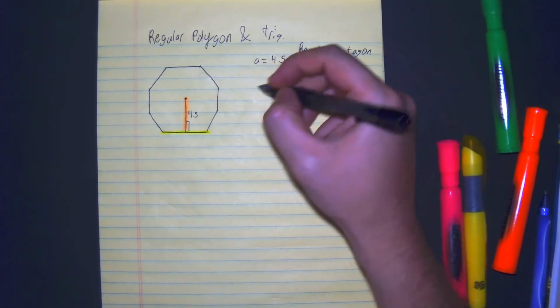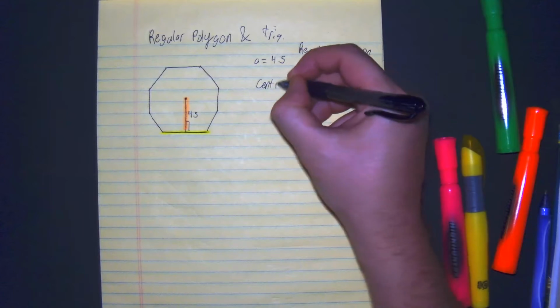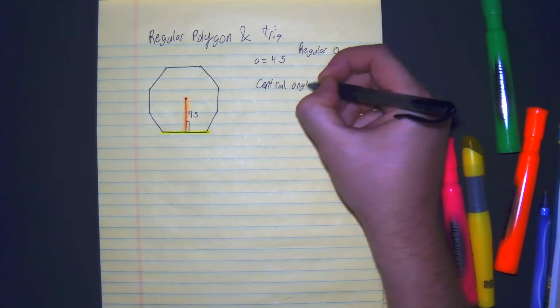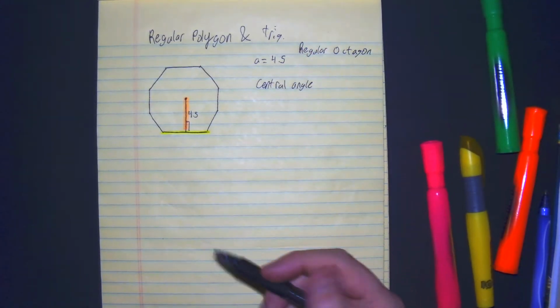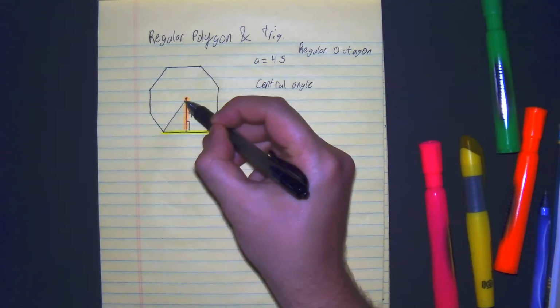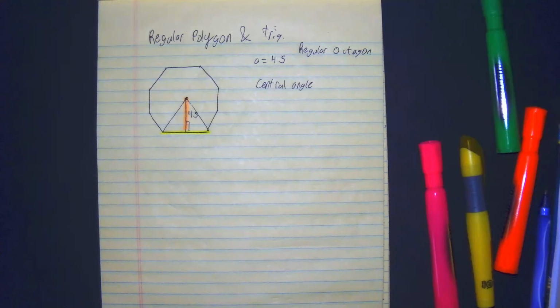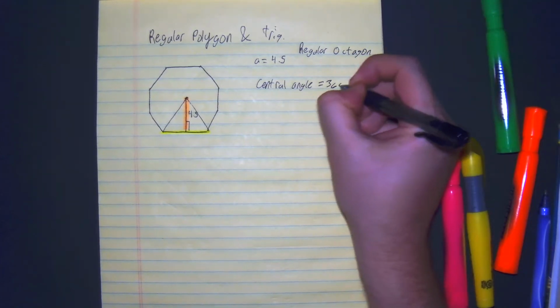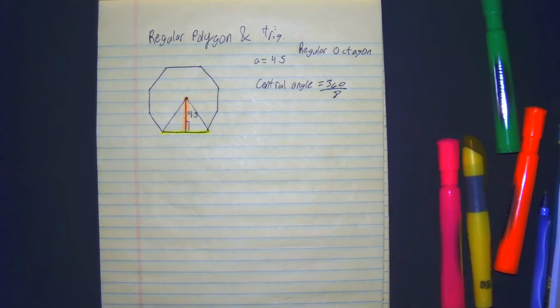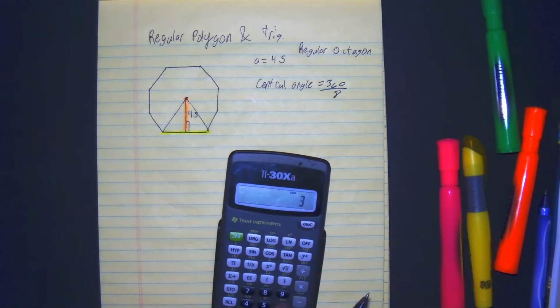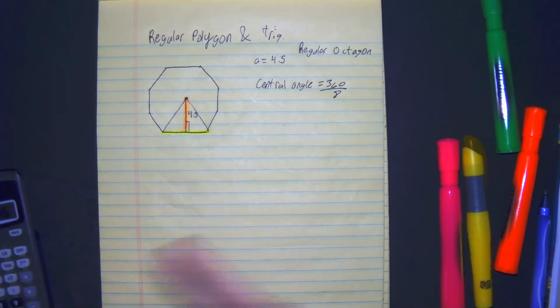First things first, we're going to do our central angle. The central angle is formed by 2 radii. So the central angle is equal to 360 divided by 8. 360 divided by 8 gets you 45 degrees.